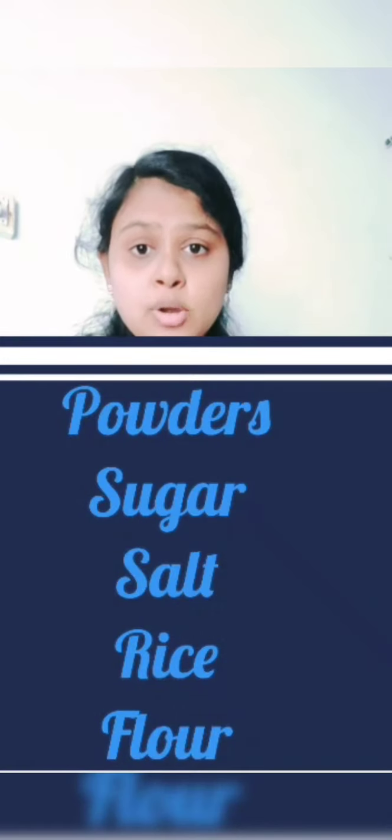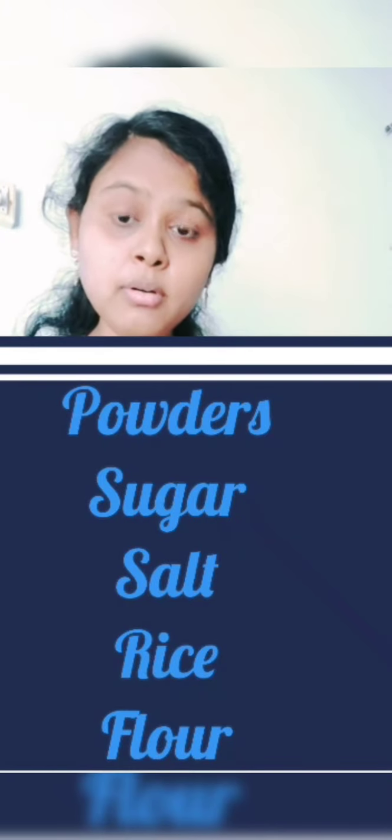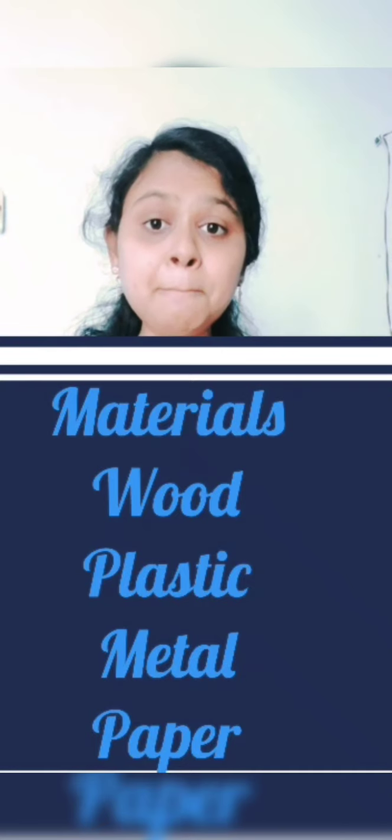Second one is powders. Sugar, salt, rice, flour. All these are powders, so we cannot count powders also. Third one, materials. What are the materials? Wood, plastic, metal, paper. All these are materials, so we cannot count materials also. Next one is food items.